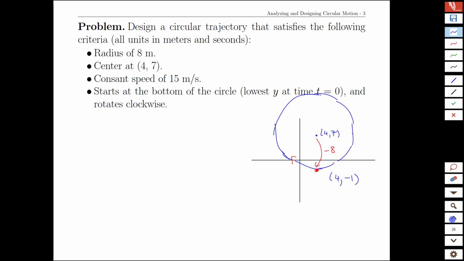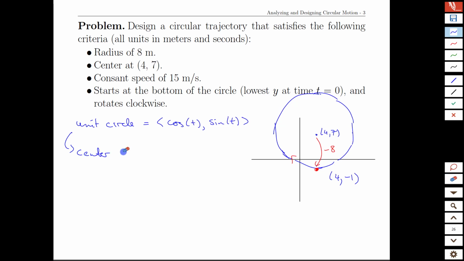What I find most helpful as a strategy here is an incremental approach. For instance, if we take a good starting point, which is our unit circle, which is cos t, sine t. We know what that function does. It has a unit circle centered at the origin. What we can then do is adapt it and then get the center, say, at the point 4, 7.